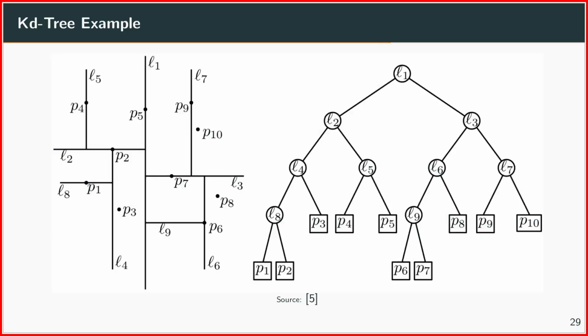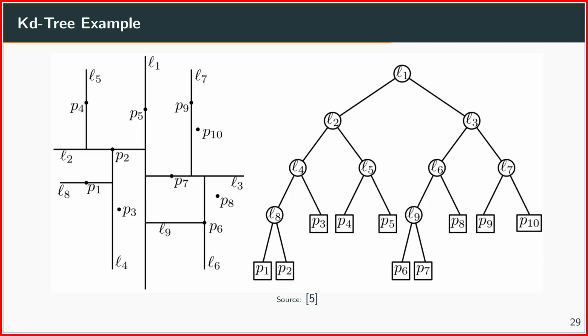And here is an example of how this KD tree would work in a 2D example. So you have the leaf nodes. Those are all your points again. So for example, here we have a 2D grid. We have 10 samples. And then all the non-leaf nodes, they are basically lines which you have drawn into the grid to subdivide it. So in the beginning here, you have written one line, L1, and this L1 line is really the middle of the points.